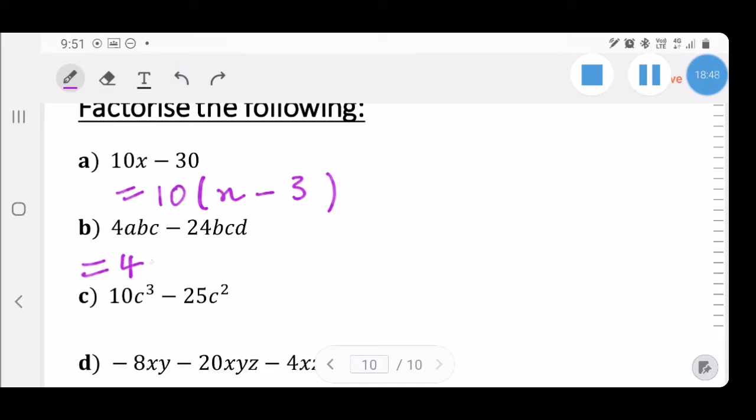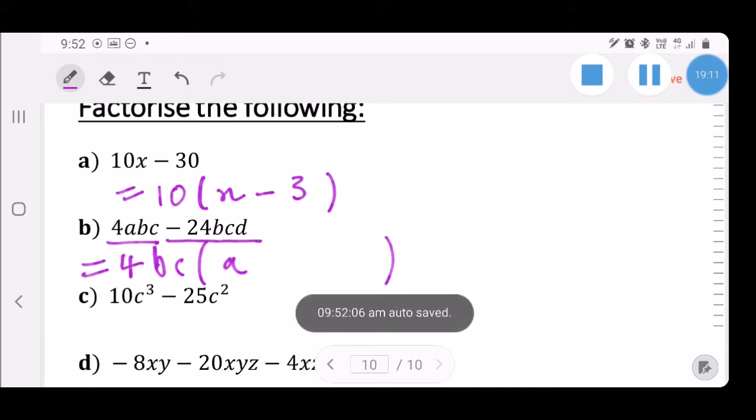Okay, so 4CB, but we put it back into alphabetical order, 4BC. Now we put the leftovers in the fridge. 4BC times what gives me 4ABC? Well, A. 4BC times A is 4ABC. 4BC times what will give me negative 24BCD?